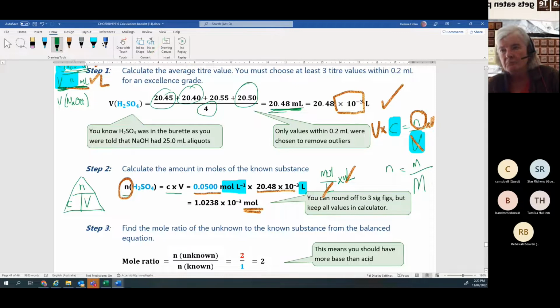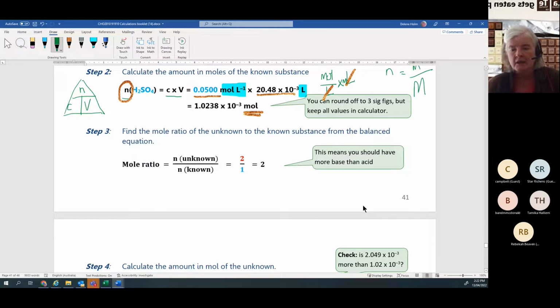Now, we're going to go back to this mole ratio. The mole ratio is whenever you swap from one substance to the other. So I've worked with sulfuric acid all the way through, but I need to find out the concentration of sodium hydroxide. And I can't put more than one type of substance in a formula.